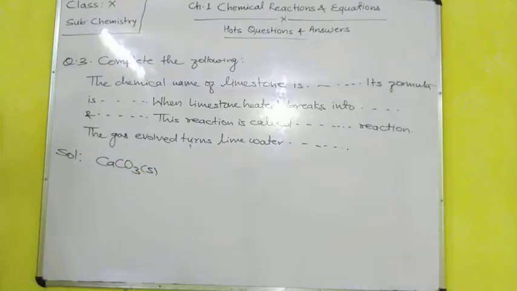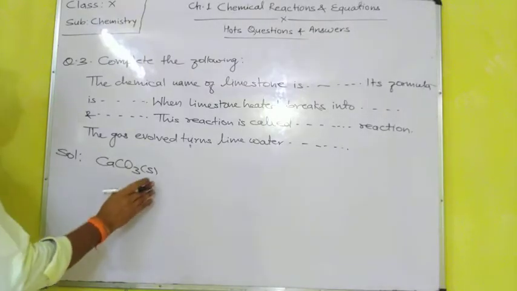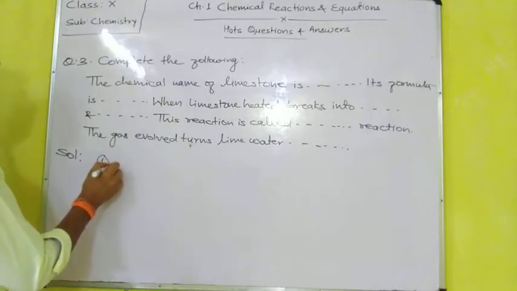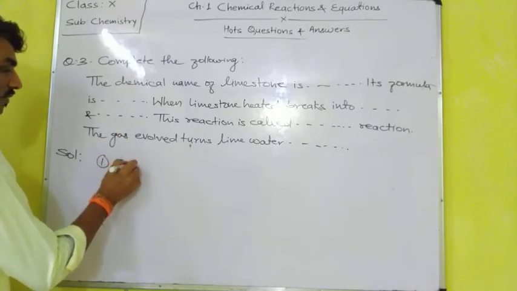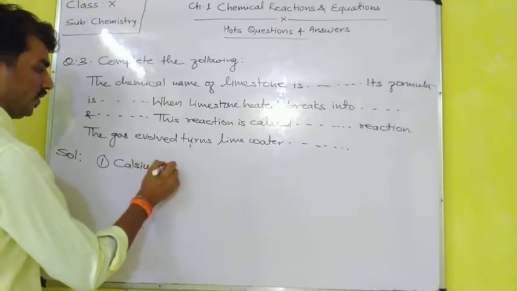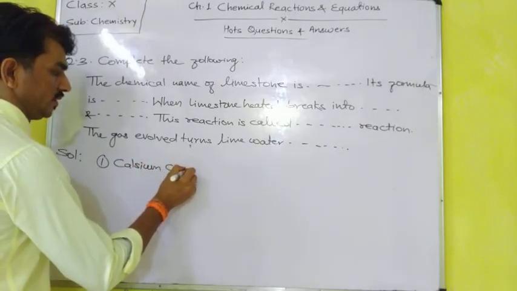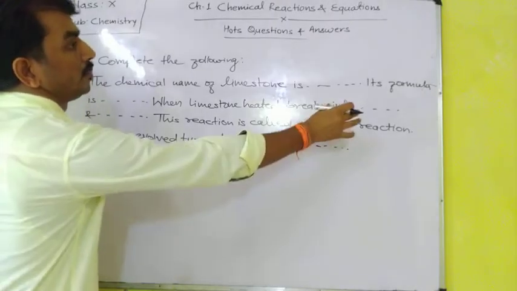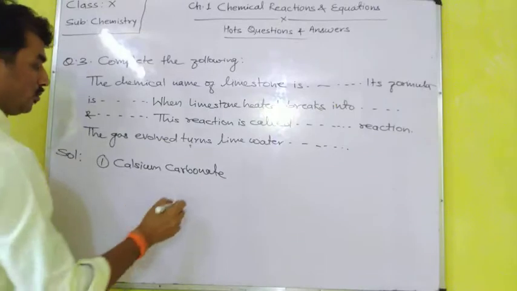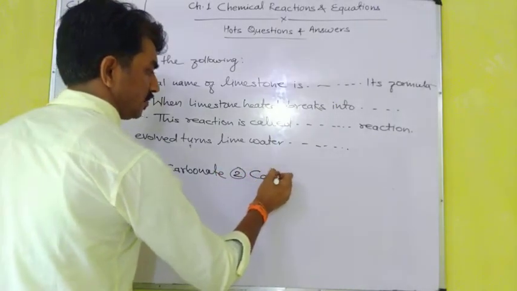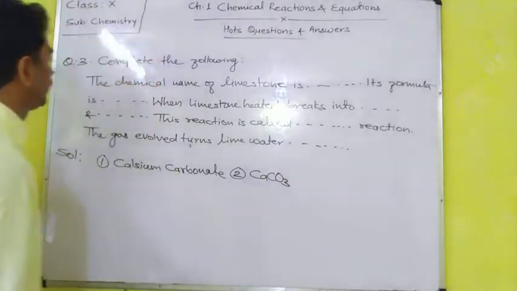The first blank asks for the name, so it is calcium carbonate. In the second blank, its formula is CaCO3.